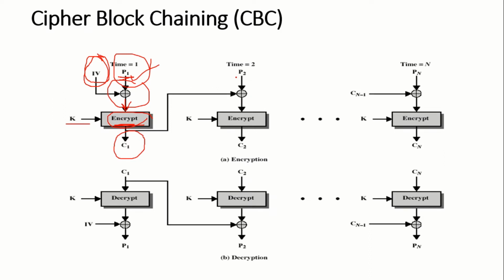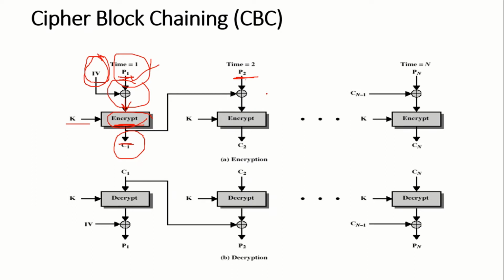Now in plain text block 2, since we are talking about an intermediate plain text block, we will be using the previous cipher block for the XOR operation. We will not be using the initialization vector here. Fine.